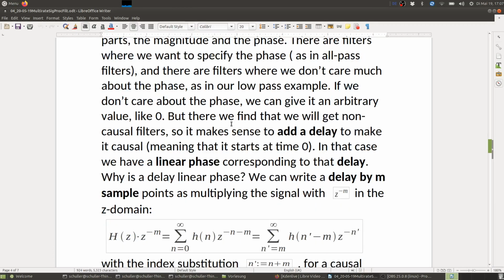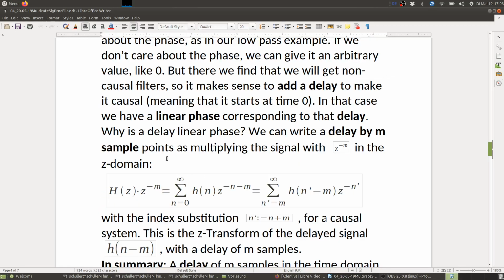But there we find that we will get non-causal filters, so it makes sense to add a delay to make it causal, right? Meaning that it starts at time 0 and not before. In that case, we have a linear phase corresponding to that delay. So why is a delay a linear phase?